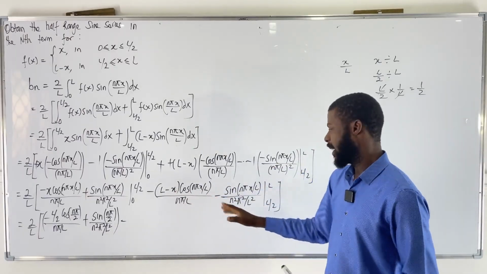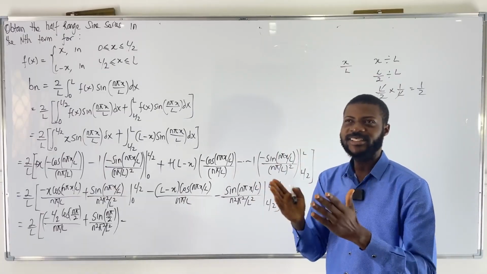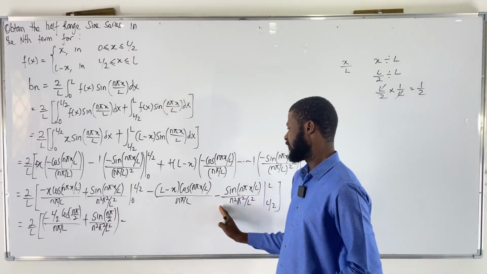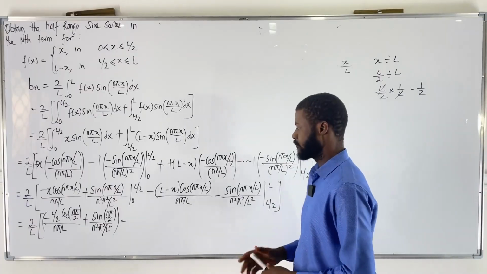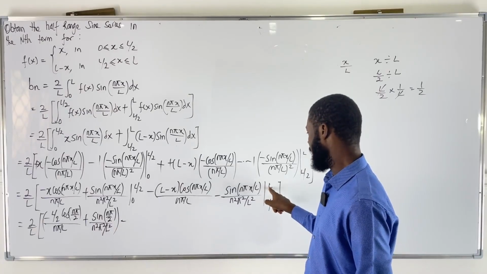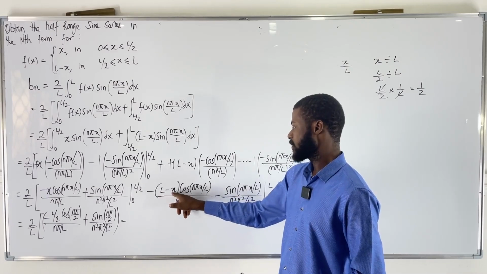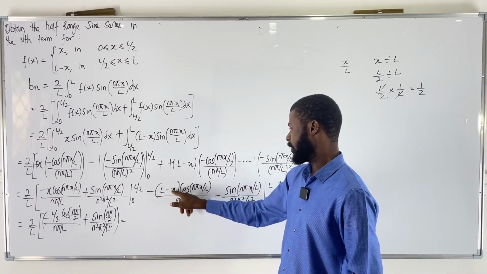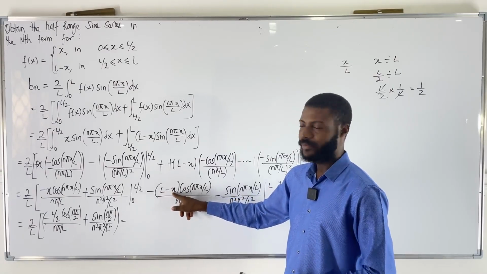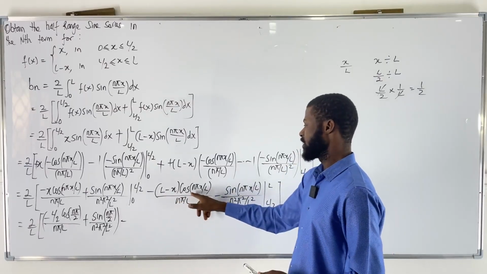Next, let us put in L here for our upper limit. Sometimes you just need to see into the future when it comes to stuff like that. So this is minus. If we put L here, L minus L is 0, and 0 times this will still be 0.